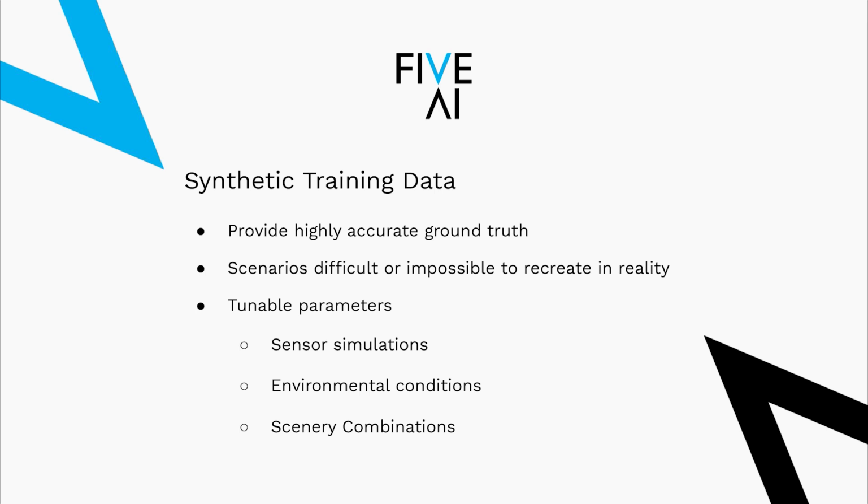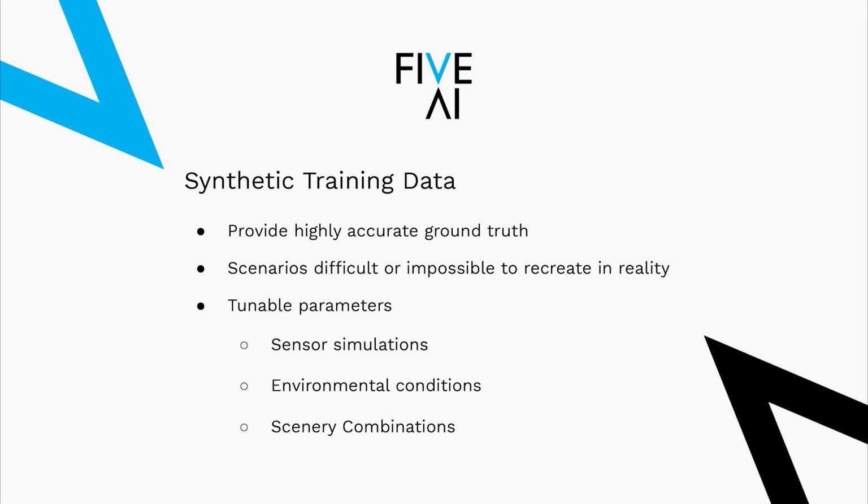Some examples might be rare vehicles that are very hard to capture on the road, or perhaps environmental conditions that are also difficult to capture. We can even create scenarios that are just impossible to create in reality, because sometimes that can actually be quite handy and useful for training as well, and we'll see an example of that later.